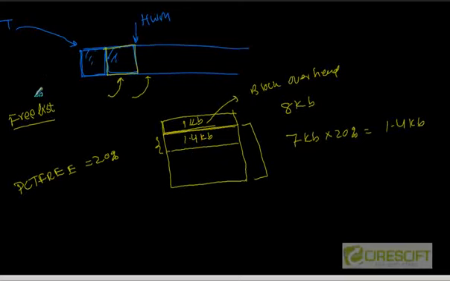So if I'm trying to insert into this block, I'm going to insert up to 7 KB minus 1.4, that is 5.6 kilobytes. So 5.6 kilobytes worth of data is going to reside in this block, and 1.4 kilobytes remains empty.